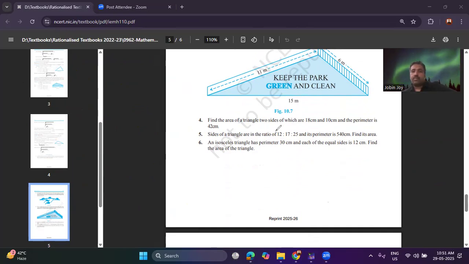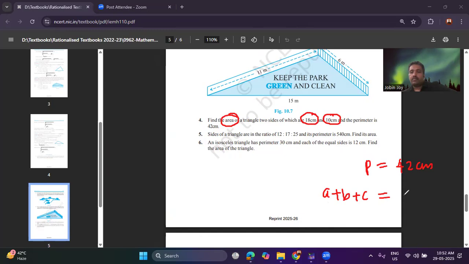Question number 4. Find the area of a triangle. Again, two sides are given, 18 centimeter and 10 centimeter. Perimeter is given. So perimeter is equal to 42 centimeter, and we know that A plus B plus C, when you add the three sides, you will get the perimeter, right?